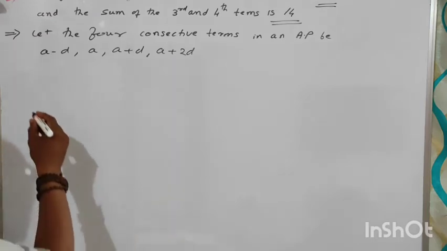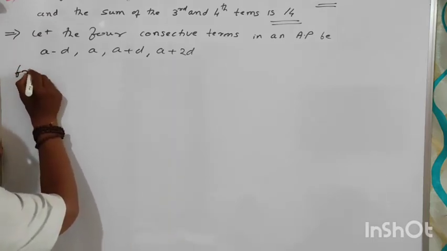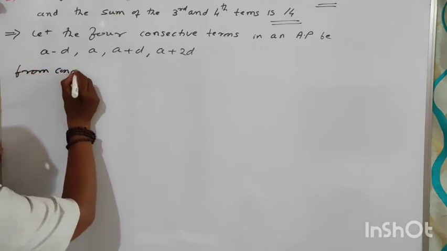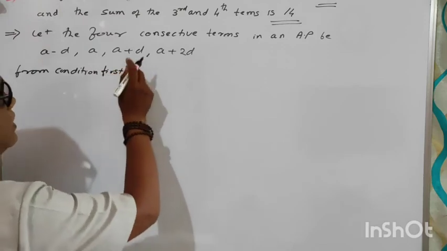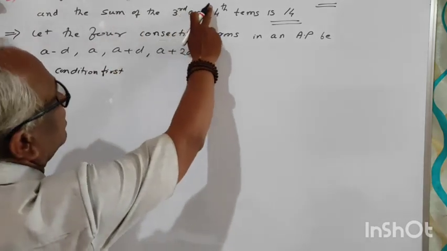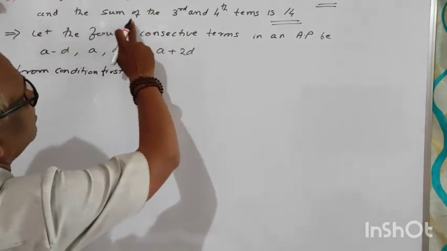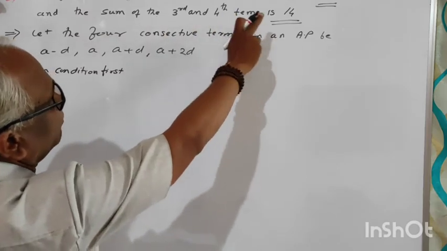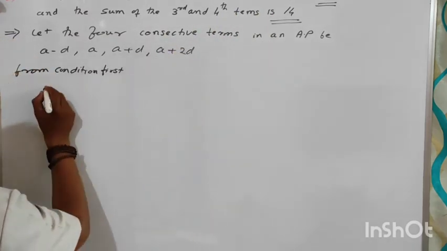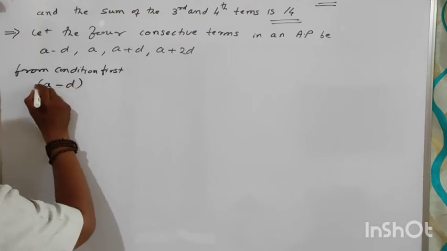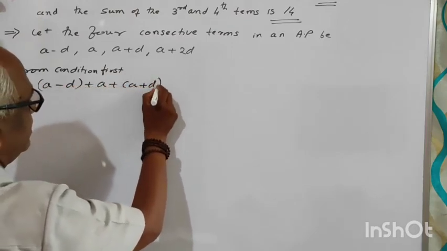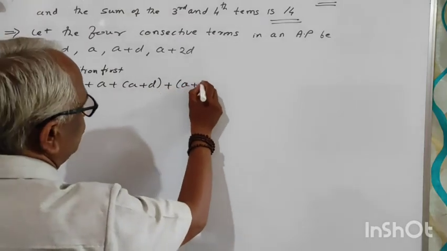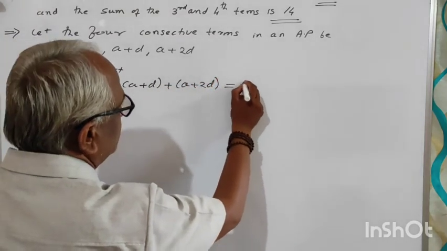Now, from condition first. What is condition first? The sum of all the four consecutive terms is 12. That means a minus d plus a plus d plus a plus 2d, the sum of this is 12.